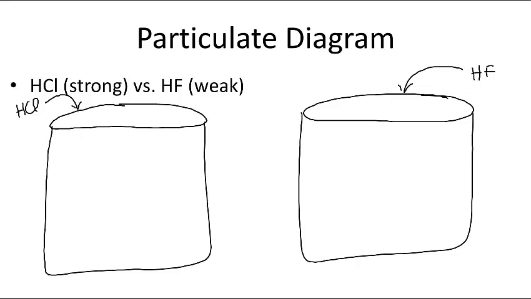So let's say I dissolve 10 molecules of each. In the HCl beaker, what would I see? All right, it dissociates completely. So what would I draw in the HCl beaker? H plus and Cl minus. I would draw 10 H pluses.